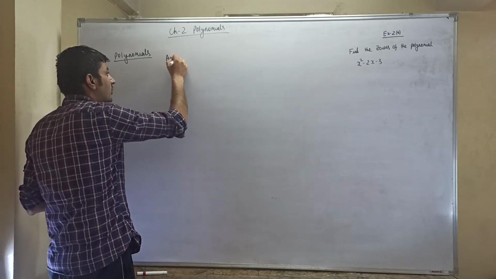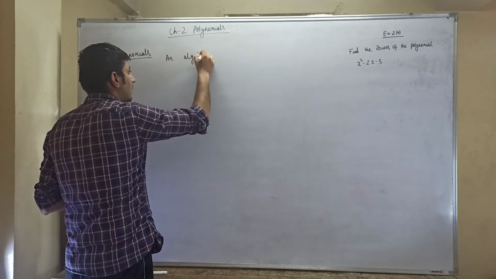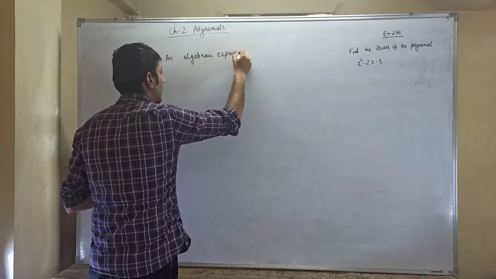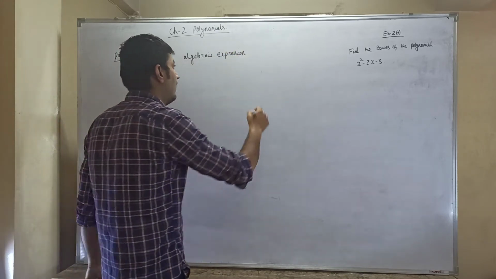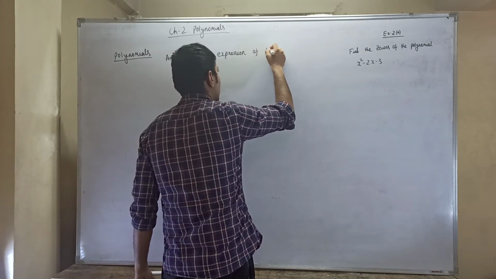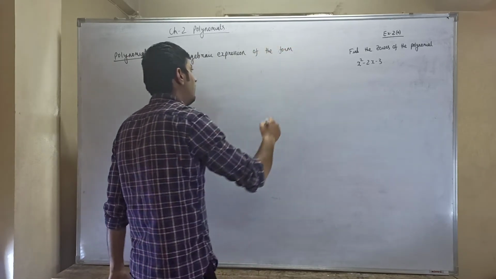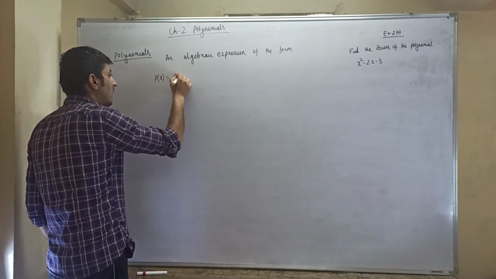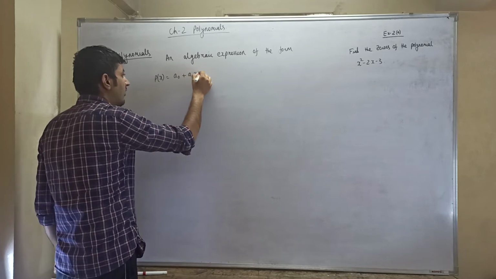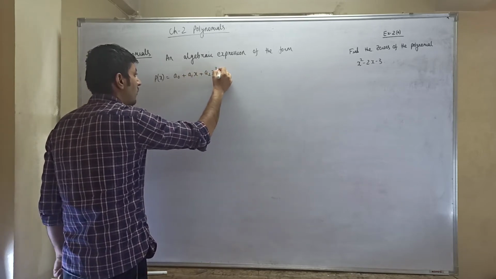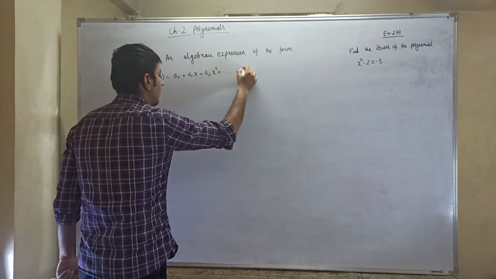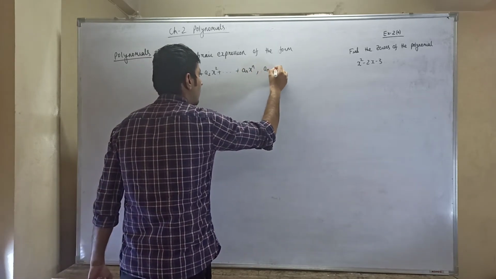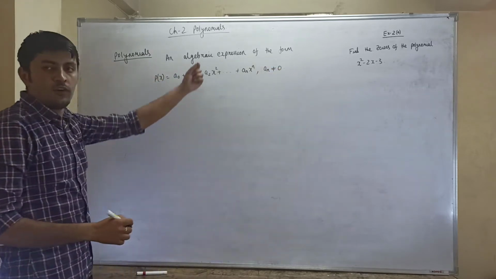An algebraic expression of the form p(x) = a0 + a1x + a2x squared + ... + an x to the power n, where an is not equal to 0, and you have to write down all these coefficients.